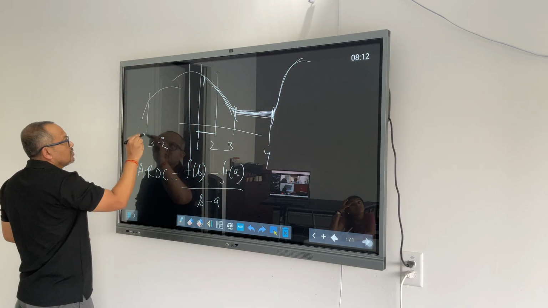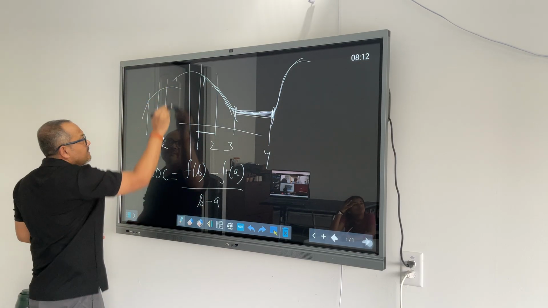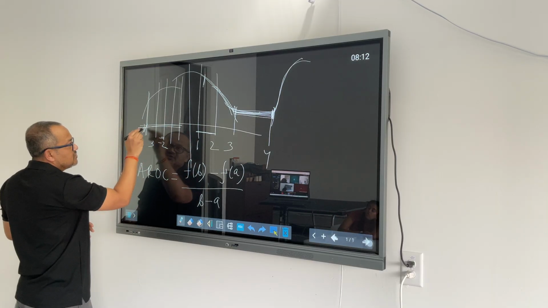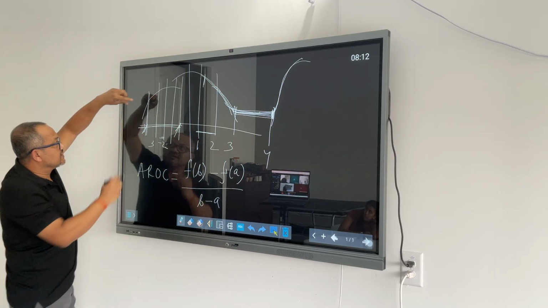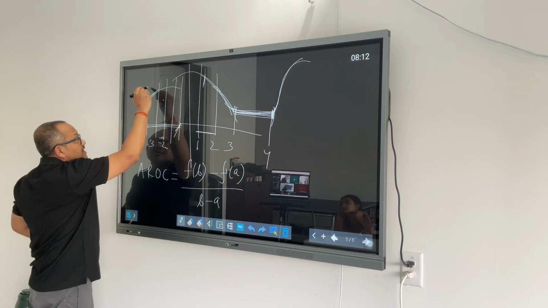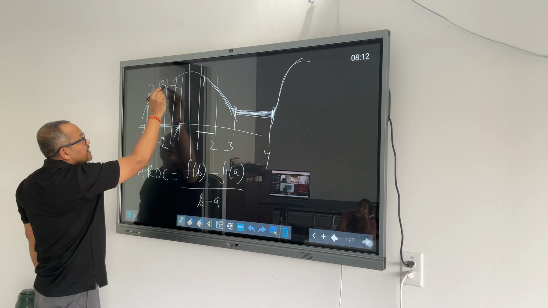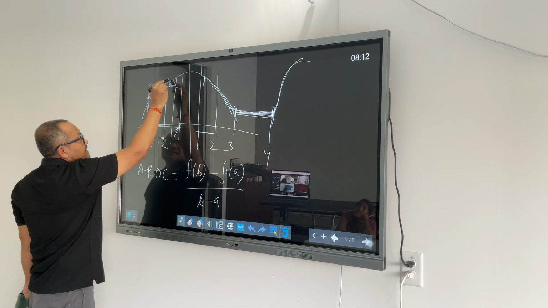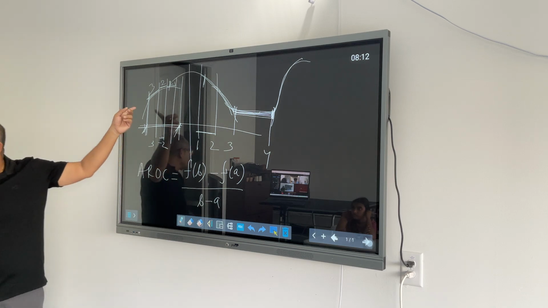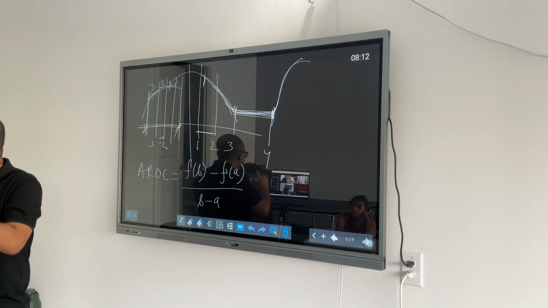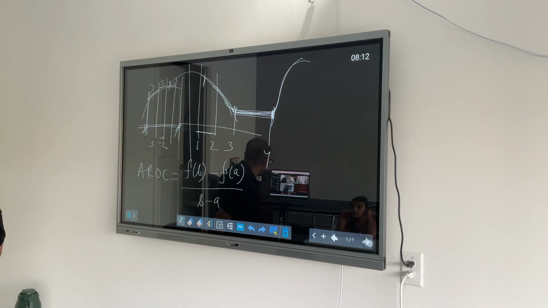If I am trying to find out the concavity between these 2 points, here you will see that my rate of change is higher, let's say 3. Here it's increasing but at a slower pace. Here it is increasing but at a further slower pace. Let's say it becomes 1. So here we are talking about negative concavity, if my rate of change is decreasing.